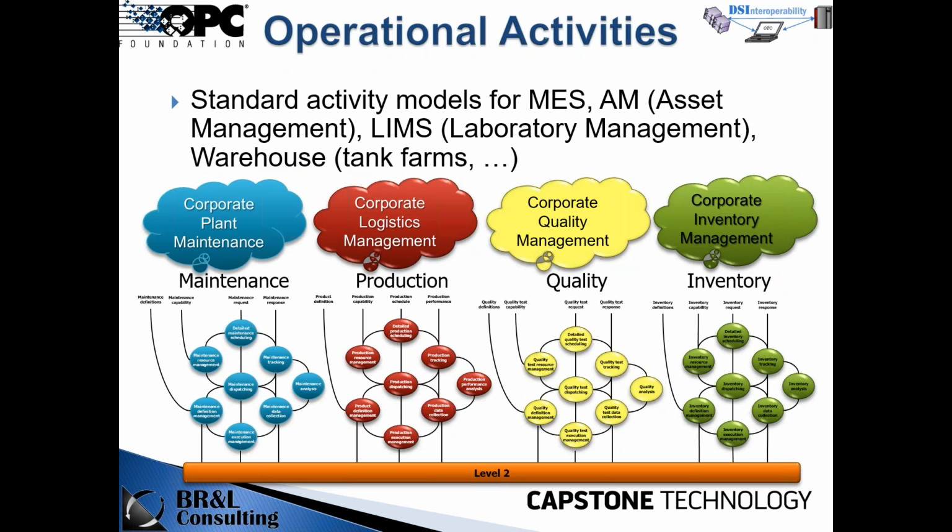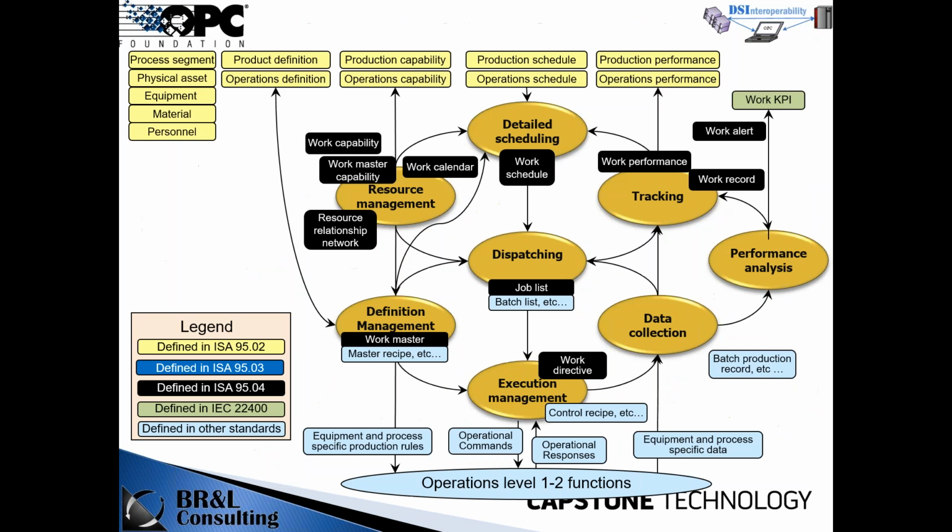Each of those activity sets, which are called categories in ISA95, has an equivalent set of activities and equivalent information which goes back and forth between the business level systems and the MES, MOM, or LIMS systems down in level 3. These things also have to communicate with each other. For example, production and quality have to communicate, so there's information that flows each way.